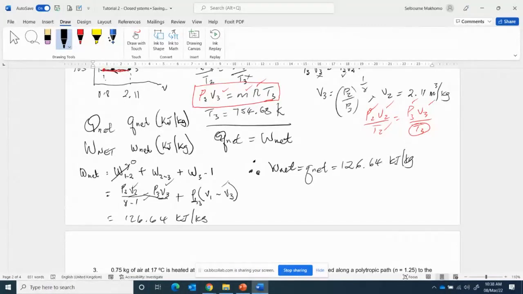Before we close, let's see why we said for a cycle delta U is equal to 0. We said for a cycle, delta U is equal to 0. Let's see why that is the case. Let's start.